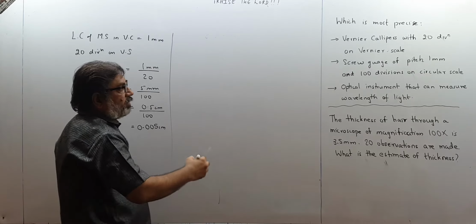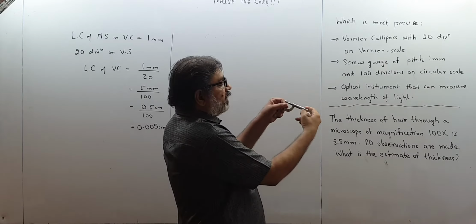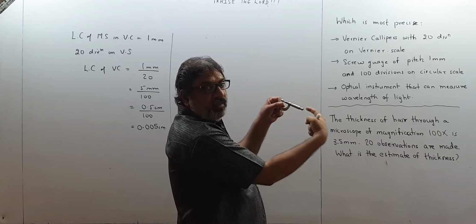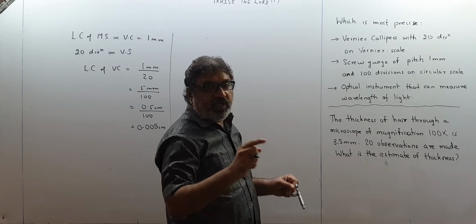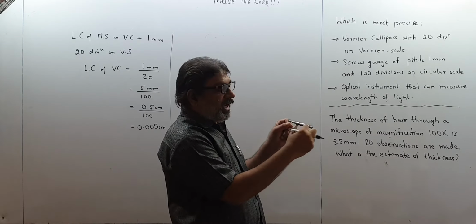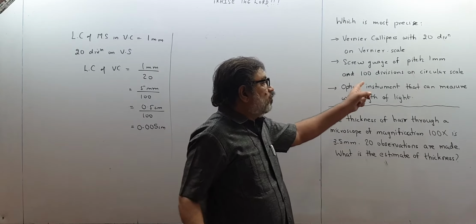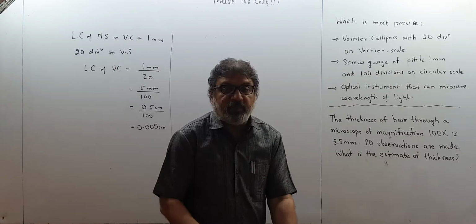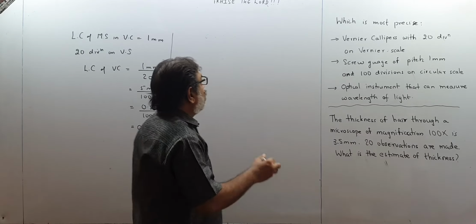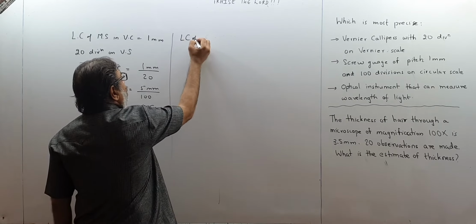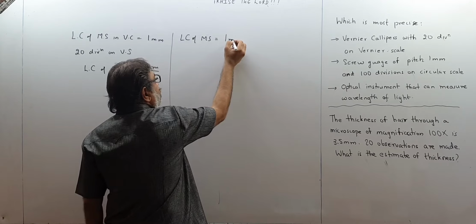Then let us come to the next: screw gauge. I had shown you the screw gauge like this. There is a circular scale over here, and there is a main scale on this. On the main scale again the least count is 1 millimeter, and this circular scale is called the vernier scale. So he is telling us a screw gauge of pitch 1 millimeter. Pitch 1 millimeter means the least count of this horizontal scale is 1 millimeter.